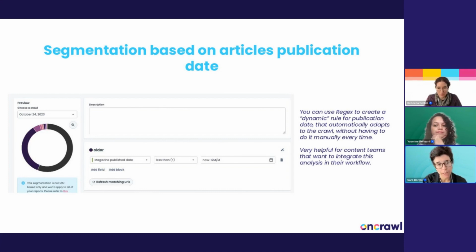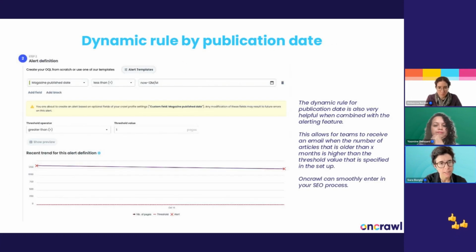You can also combine this dynamic segmentation with the alerting feature that allows you to get an alert whenever the number of pages that are older than, for instance, 6 months or 1 year is higher than a given threshold. So you can really get this type of alert that allows your content team to keep their flow and integrate additional rework or analysis into their processes.